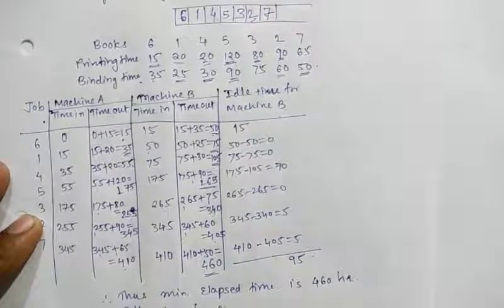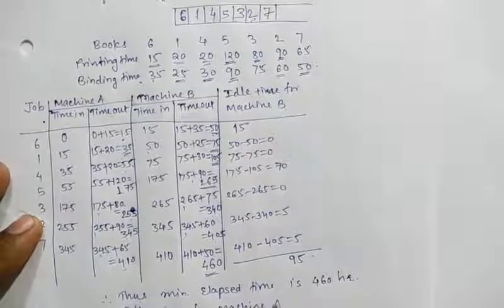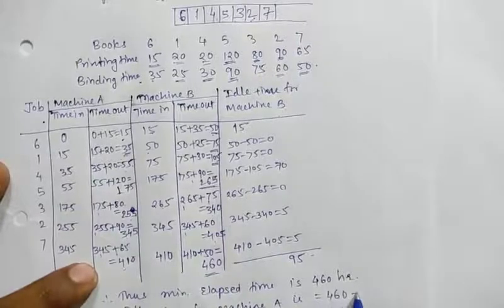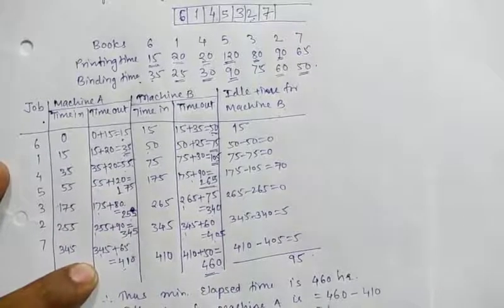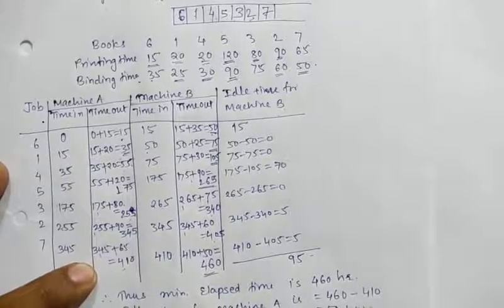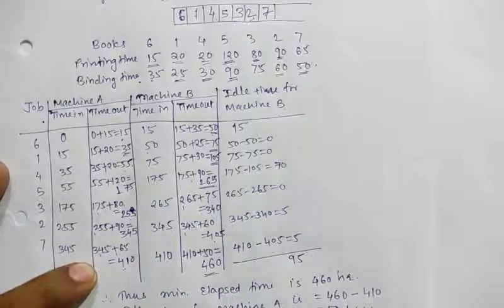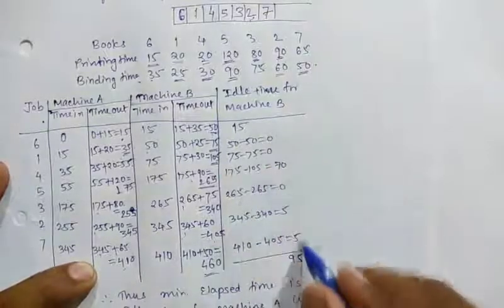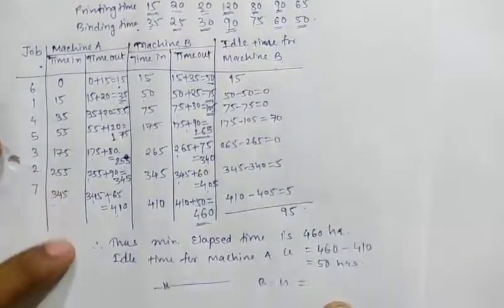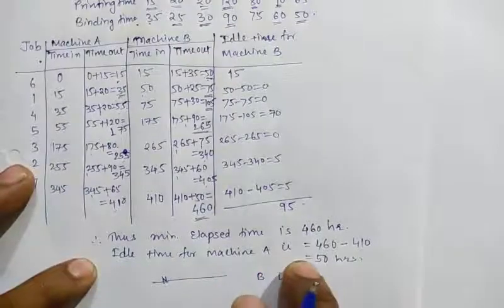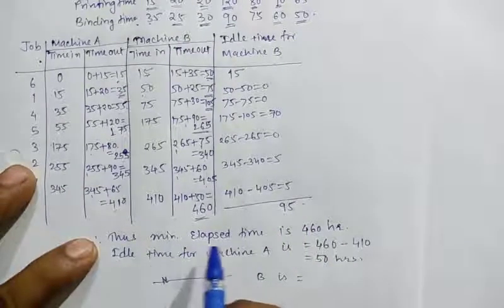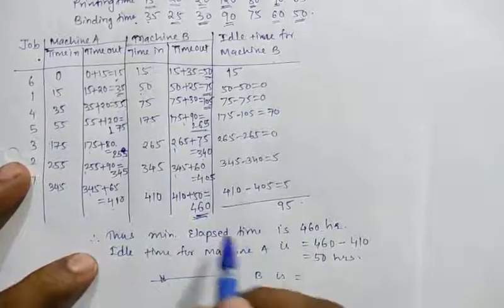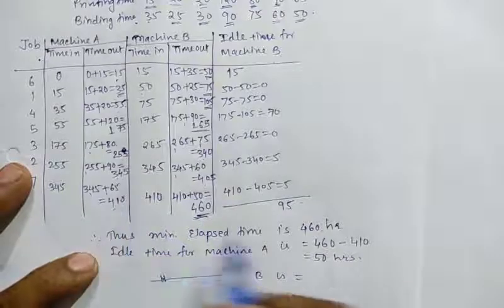Idle time for machine A is 460 minus 410, which is 50 hours.